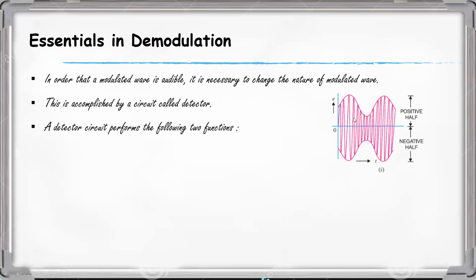When we look at this figure, it is the figure of an amplitude modulated wave. The upper part is the upper band frequency and this is the lower band frequency.